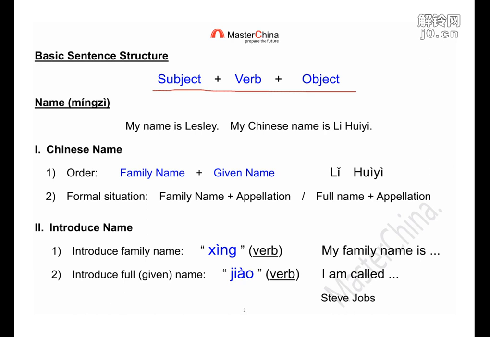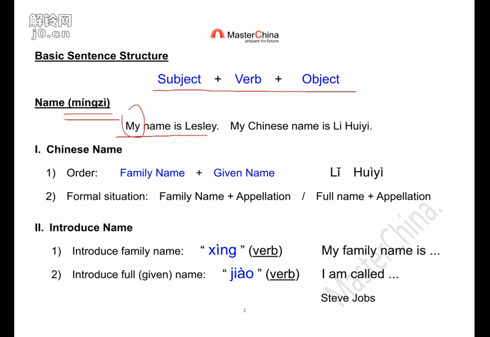Let's start with the name, 名字. I hope you already checked the vocabularies. So 名字 means name. So how to say my name is Leslie? My name. Mine we already learned, right? 我的.